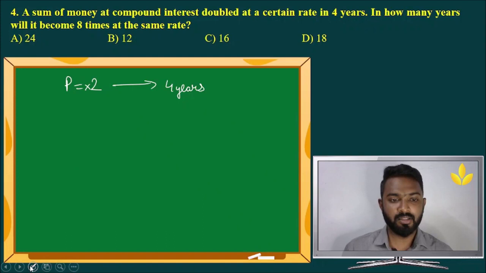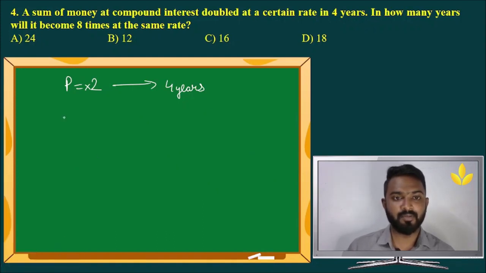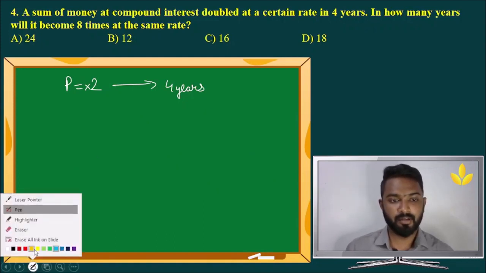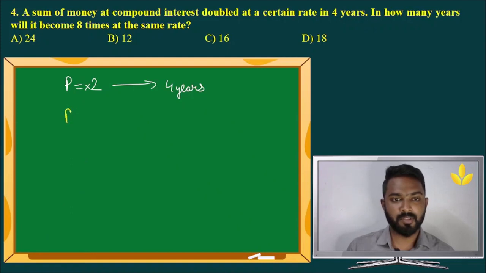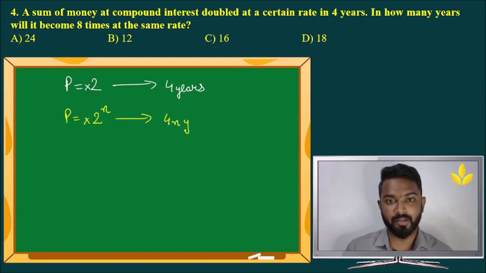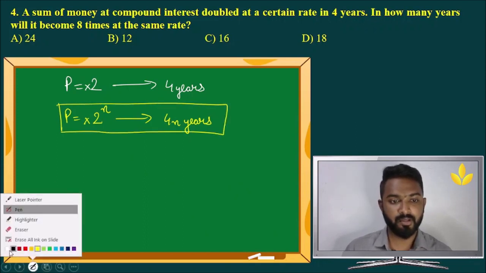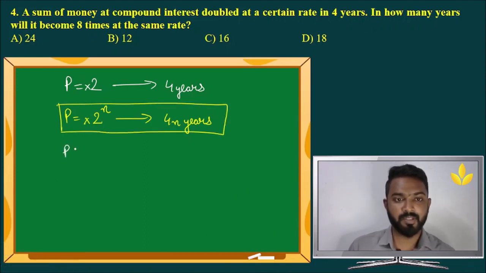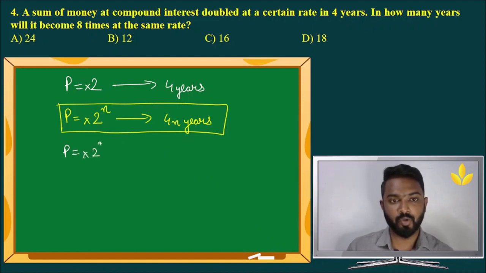The shortcut of this goes like this. We have the principal, it will become 2 to the power n times in 4n years. This is the shortcut. What does this mean? This means that the principal will become 2 square times, that is 4 times, in how many years? 4 into 2 years, that is 8 years.